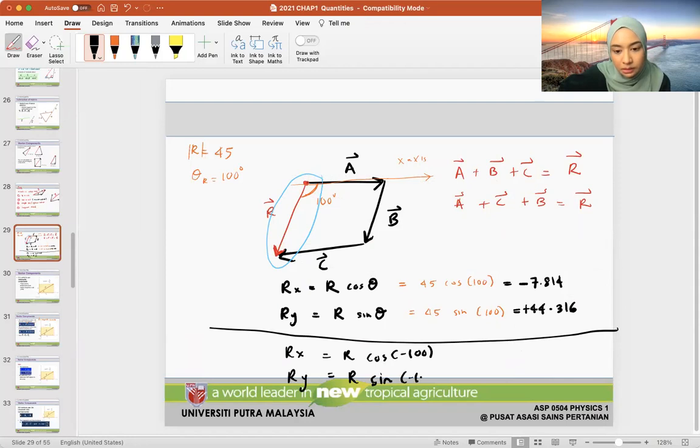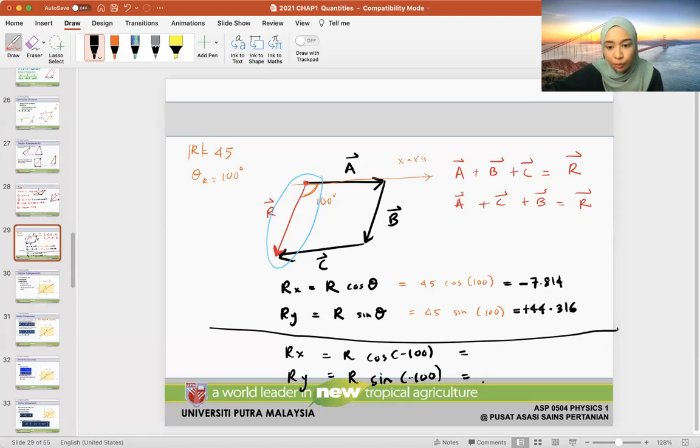Sine minus. Okay. Anyone help me with the values here? I'll try as well. Are they the same or not the same? Cos is the same. Sine is the same in magnitude, but sine has a negative.